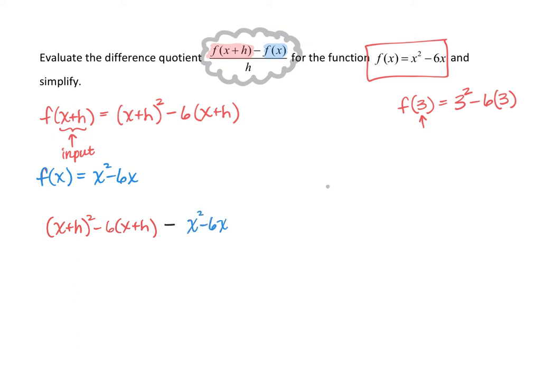But we need to be careful here because this particular function has two terms, x squared minus 6x, and we need to be sure we're subtracting the entire function, both of those terms, which means we need to have parentheses. That is a step that sometimes is missed, and that will cause a problem later if you're missing those parentheses. And this is all divided by h.